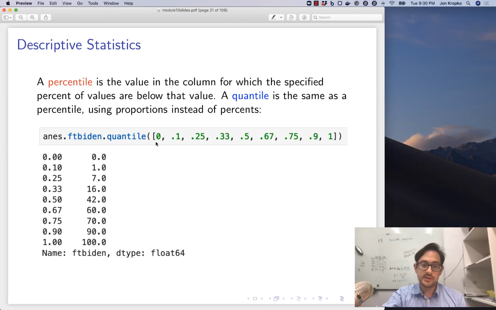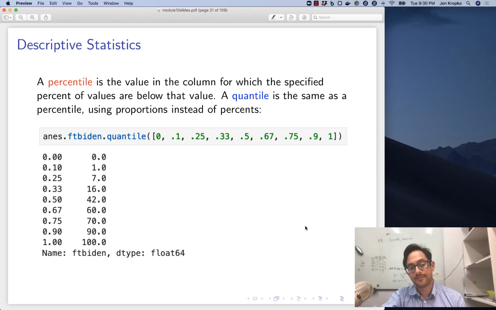So here, 0 is the min, 1 is the maximum, 0.5 is the median, and then I've got the 10th, 25th, 33rd, 67th, 75th, and 90th percentiles for the Biden thermometer. And they're all right here. So when we say 67th, 2/3 of the rows have a Biden thermometer of 60 or less.